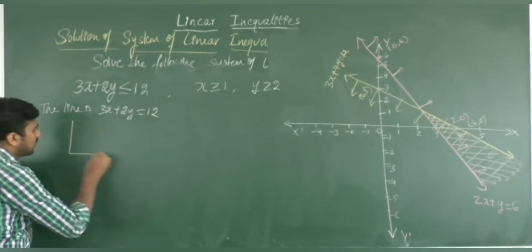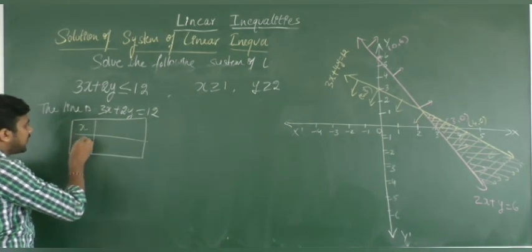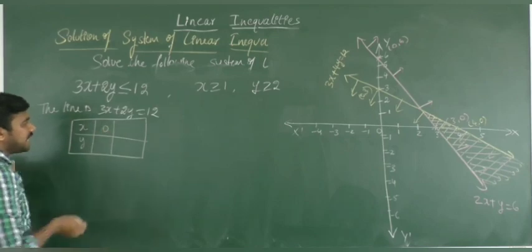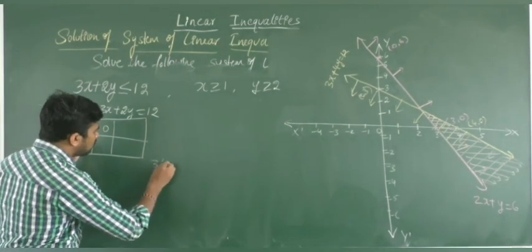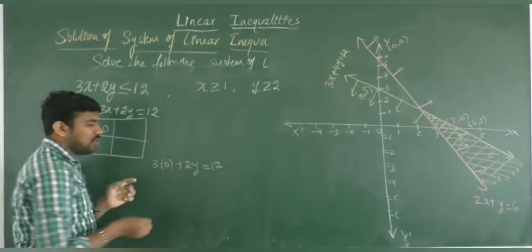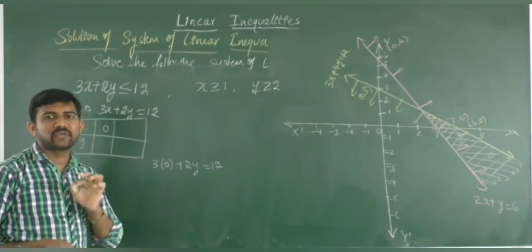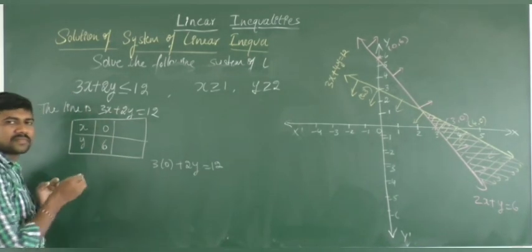So now write the variables x and y and assign values for x. When x is equal to 0, we get 3 into 0 plus 2 into y is equal to 12. Or we can say 2y is equal to 12, y is equal to 12 by 2, that is nothing but 6.